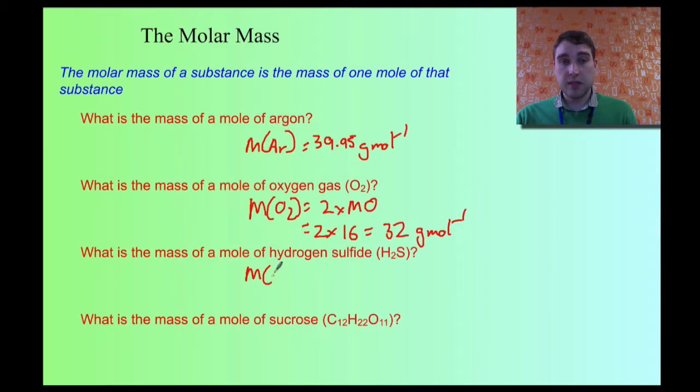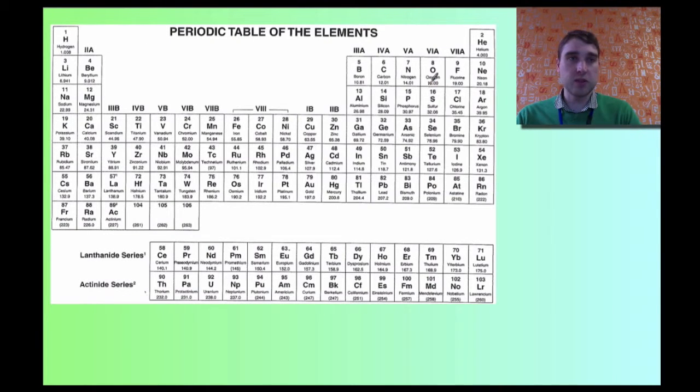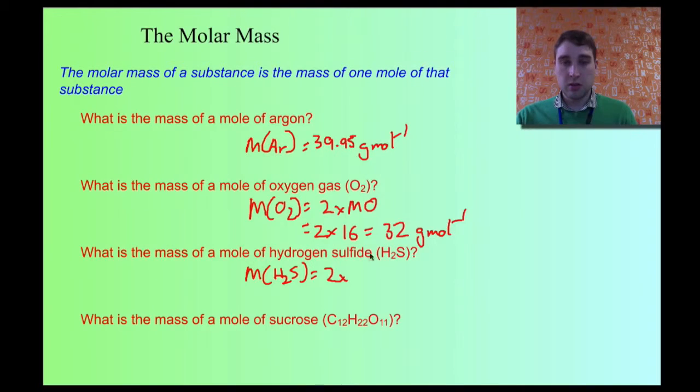So molar mass of hydrogen sulfide is going to be equal to 2 times the molar mass of hydrogen. So I'm just going to cut straight to the chase now. So 2 times hydrogen, which is 1.008. And to that we're going to add the molar mass of sulfur. So let's look on our periodic table again.